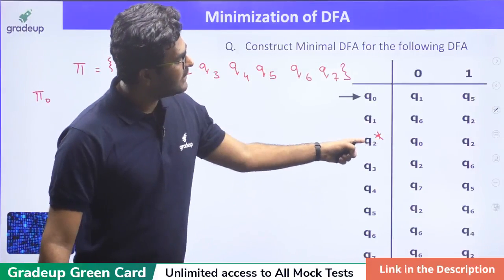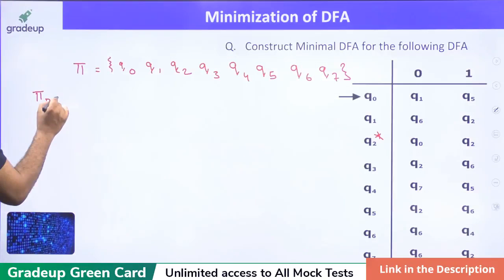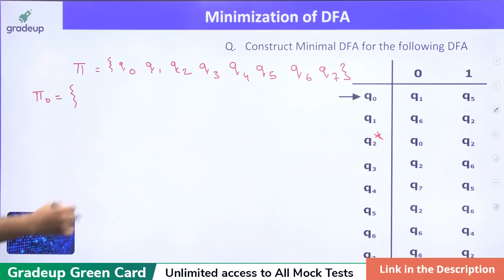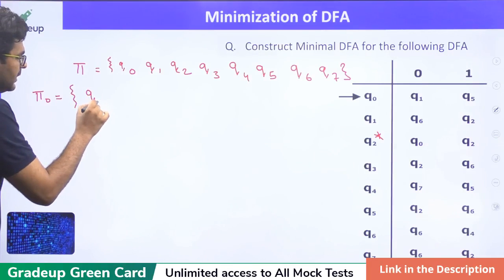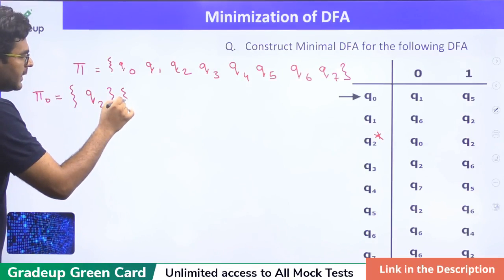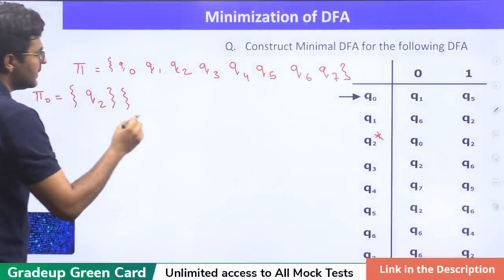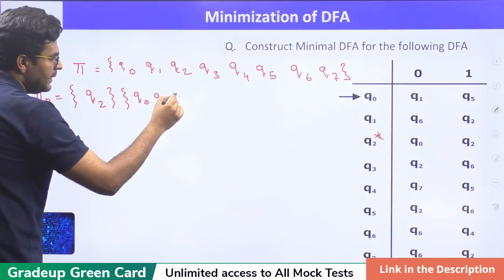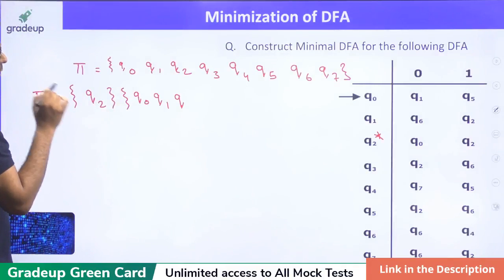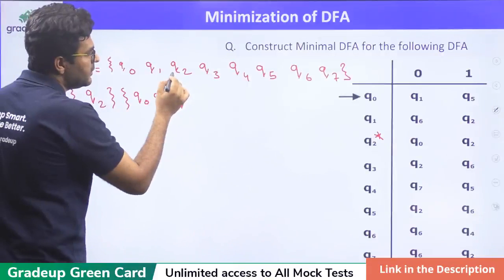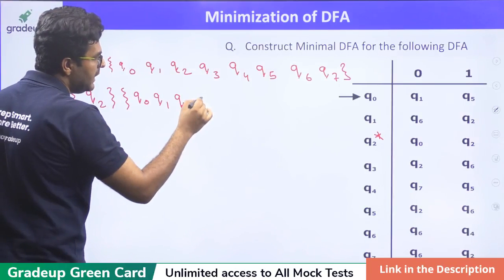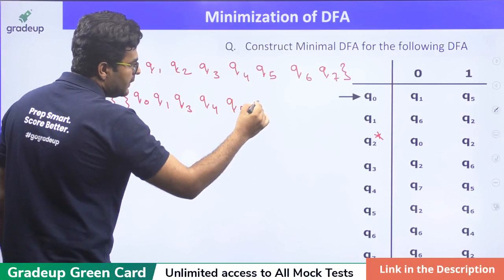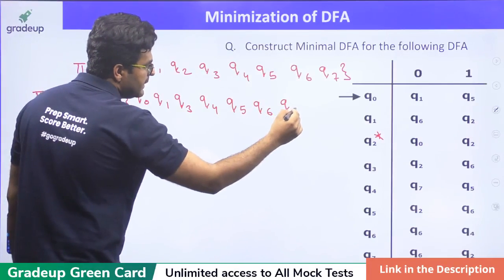We have only one final state. So when you write pi 0, you need to write something like this. There will be two different sets: one containing Q2 and another set containing all the remaining states. That is, starting from Q0, next Q1, then, as Q2 is already occupied in another set, we'll not take it, we'll take Q3, then Q4 followed by Q5, Q6 and Q7.